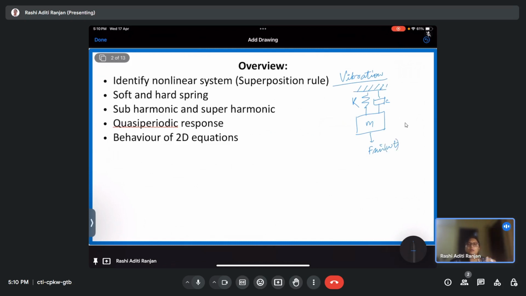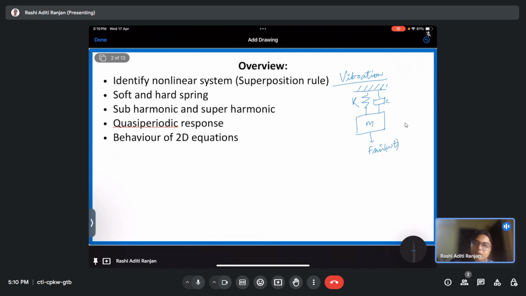We have studied many iterations of this kind of system, like this single degree of freedom system. We study the two degree of freedom system, wherein we have two masses, two springs, two dashpots, and both masses may be forced, or only one of them. Many options we could learn, right?